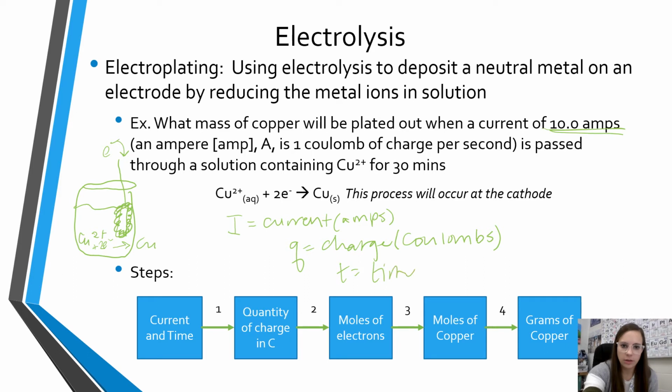And you're given this equation, I equals Q over T. So current is equal to charge over time, or in other words, amps are equal to coulombs per second.